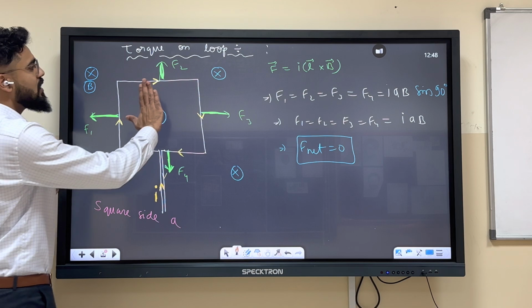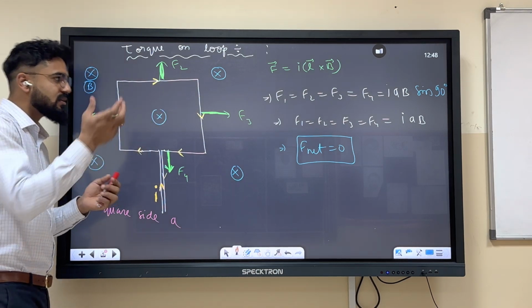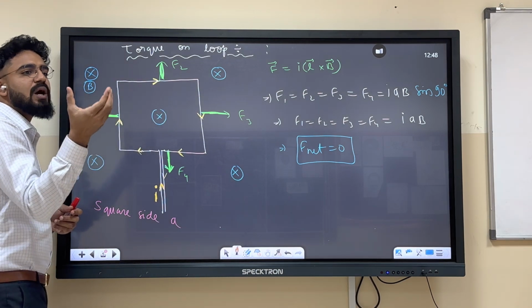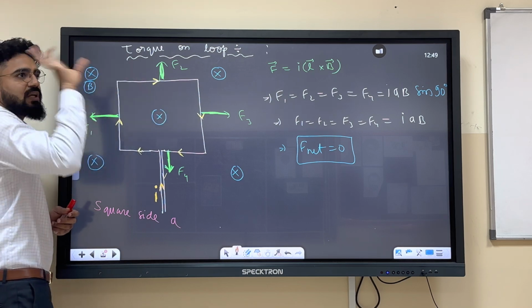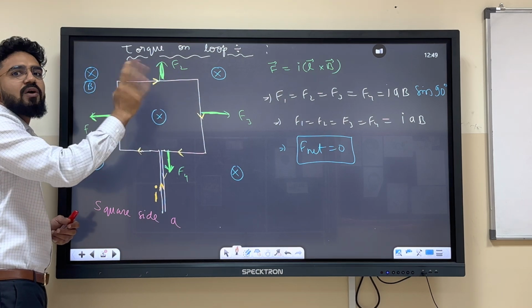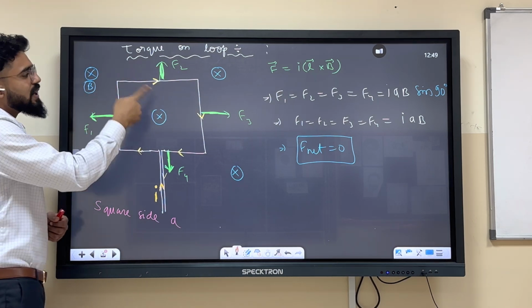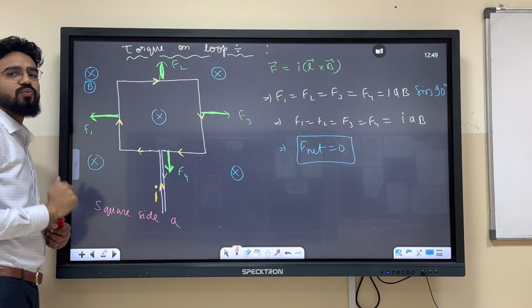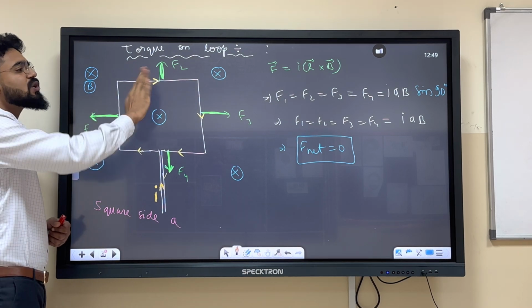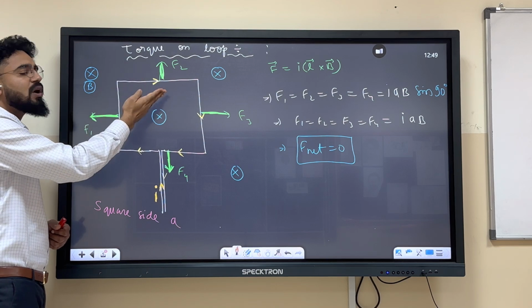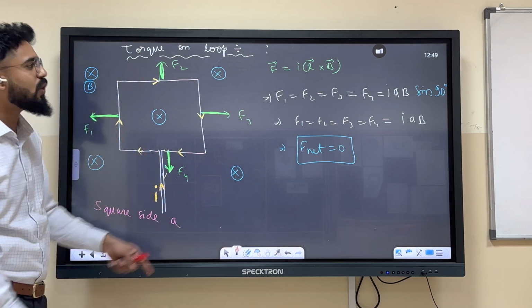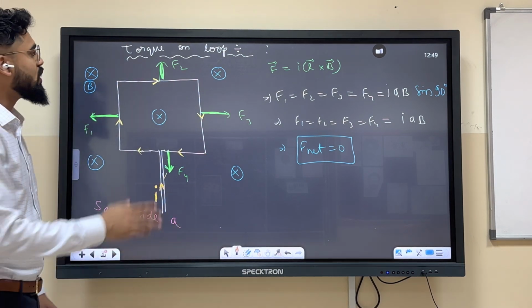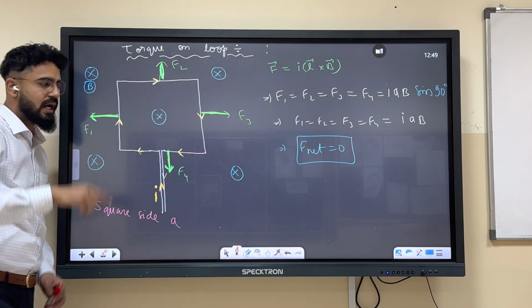Sometimes if you are placing a coil at some angle, it might jump. But over here, it is not jumping, it is not even rotating. Not jumping means F net is 0. Not rotating means torque net is 0. Okay?